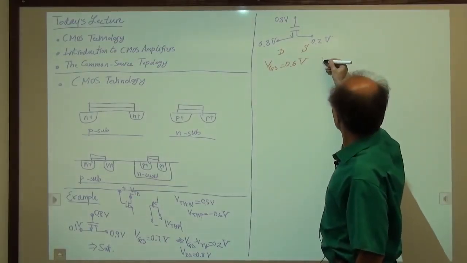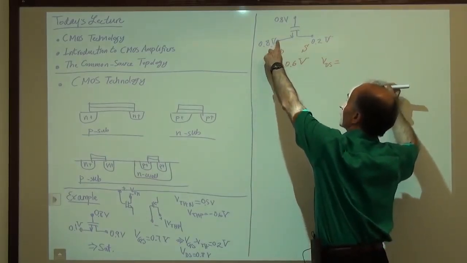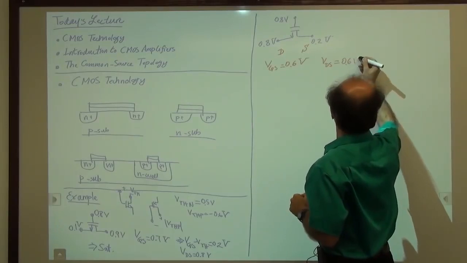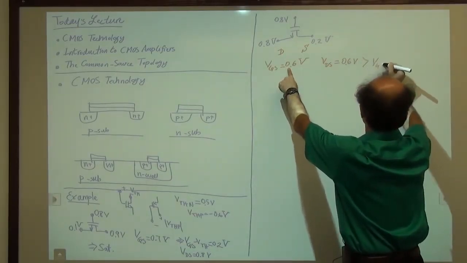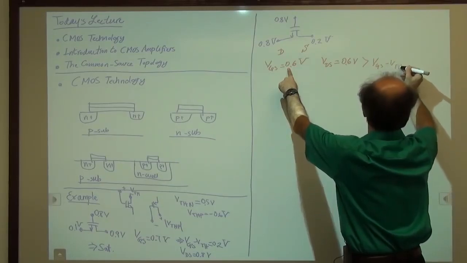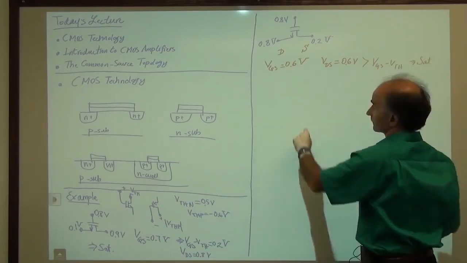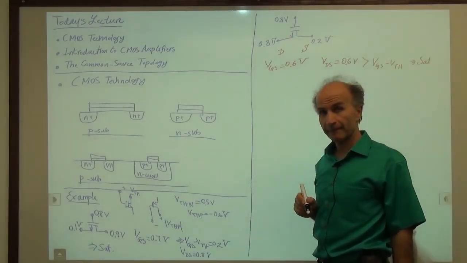Well, we write VDS. VDS is the drain voltage minus source voltage, that's 0.6 volts. And that's greater than VGS minus VTH. So the device is in saturation. Okay, very good. No problem there.